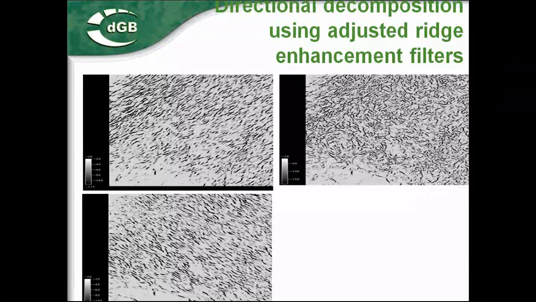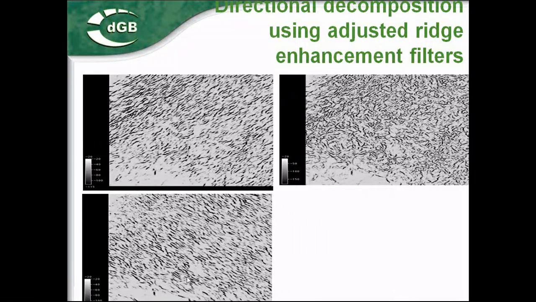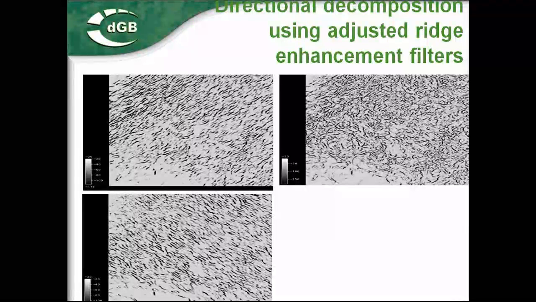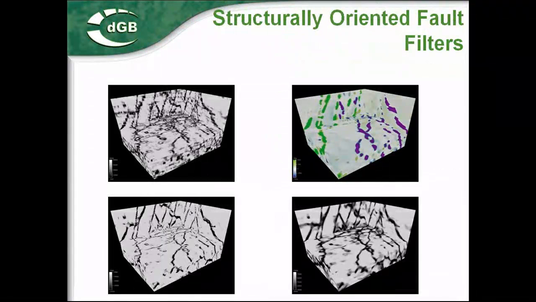But here you can see this might very well be one fault trend cross-cut by some other faults in the other direction. This might be one fault trend. This might be one fault trend. I'm happy to discuss these advanced algorithms separately with you, but you can do additional tricks to make it visually more pleasant to interpret these data.